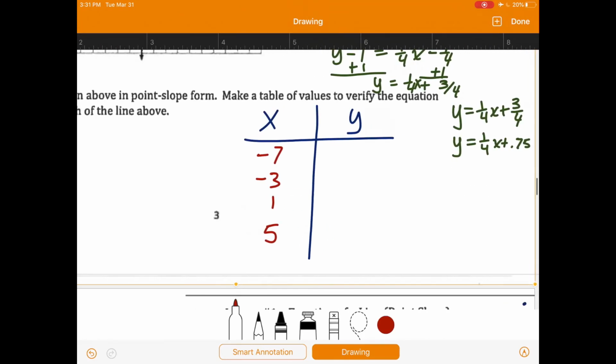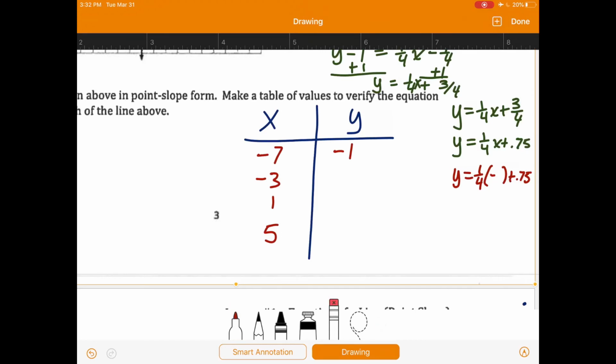So if we took -7 and plugged it into this formula, y equals 1/4 times -7 plus 0.75, and you put that in your calculator, the answer is going to be -1. If you did the same thing with -3 instead of -7, your answer is going to be 0.